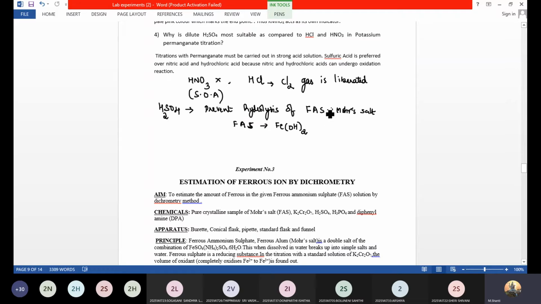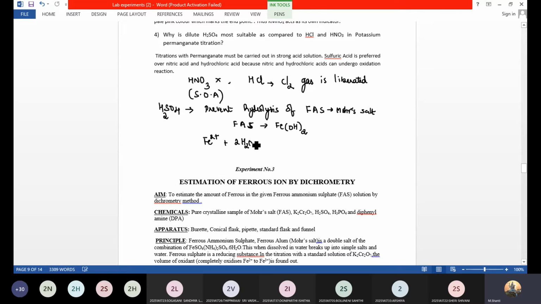This is actually giving the ferrous ions into the solution. If you don't add H2SO4, these Fe2+ ions get hydrolyzed like this.